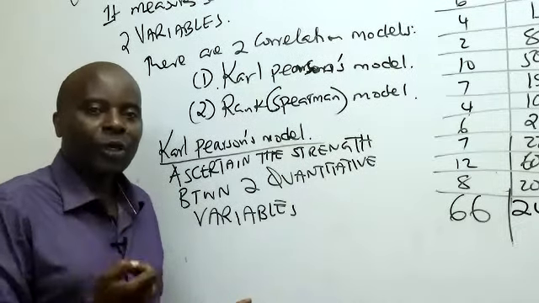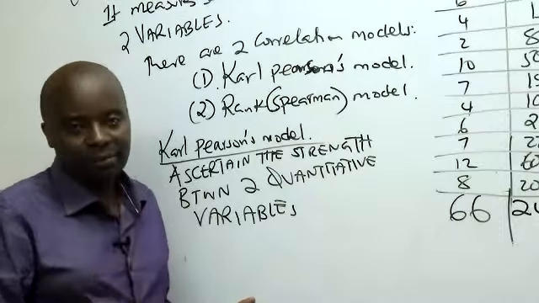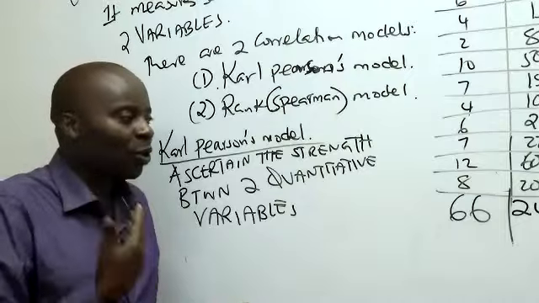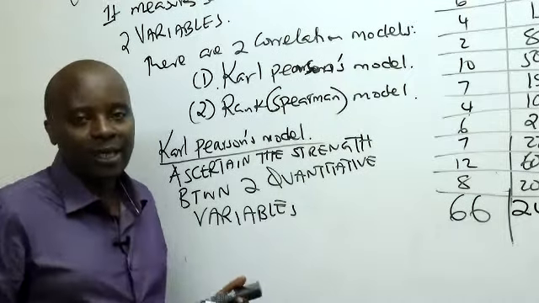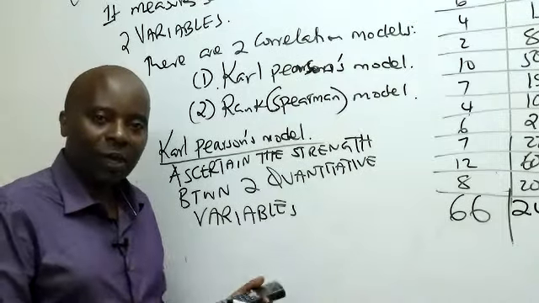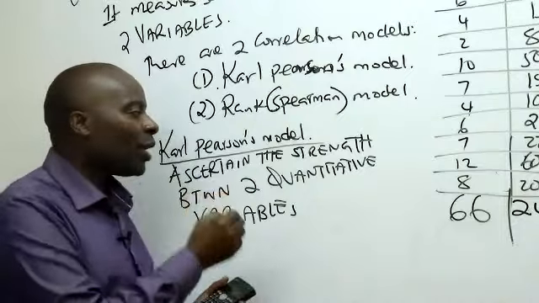So the number of students belongs to quantitative variables. So you could either count them or measure them. If, for example, I want to know how heavy I am, what I need to do is get a weighing scale.